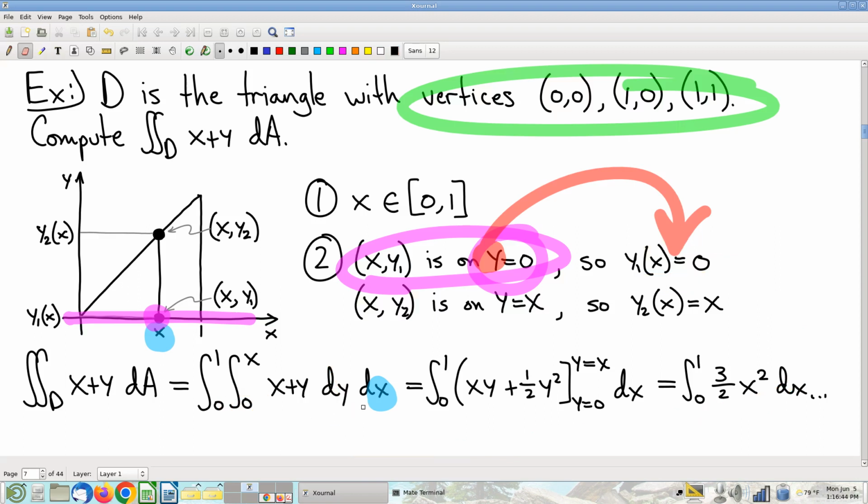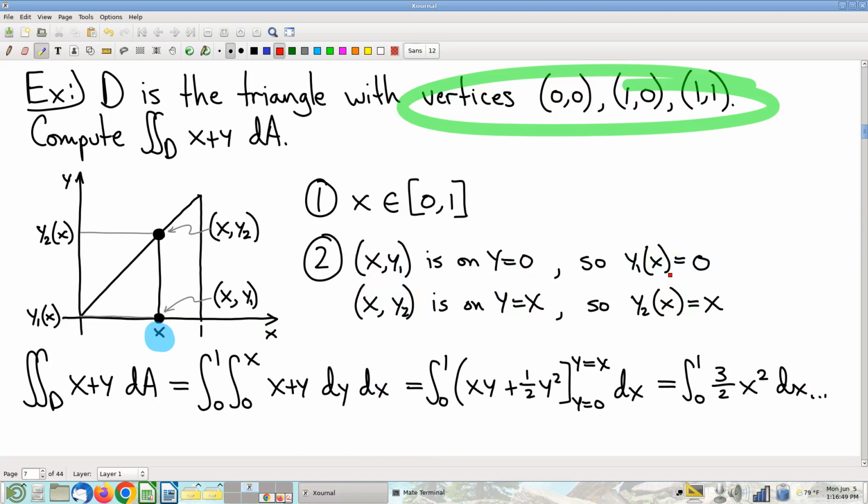All right, let's try that process again. This time for the upper bound, again, for a given fixed value of x, on that x slice. Let's see, I'll do this in orange. Here's the last part of that x slice. That point that defines my upper bound is always on this curve.